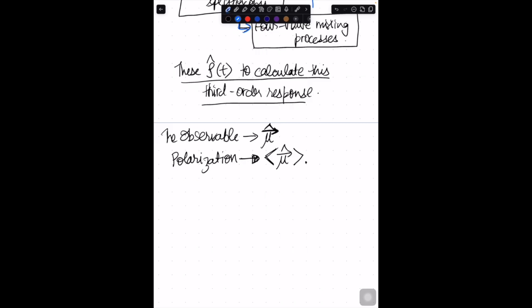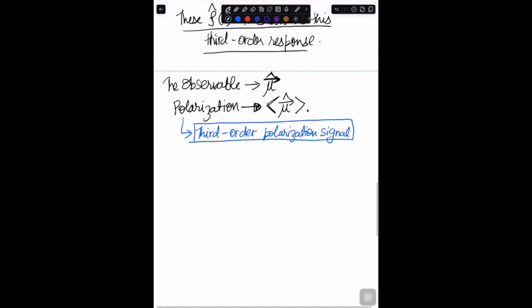In our case, since we're doing nonlinear spectroscopy, specifically this third order nonlinear spectroscopy, we will be calculating the third order polarization signal. So we can achieve all of this using the density operator formalism, which has just been introduced to you in the previous lecture.